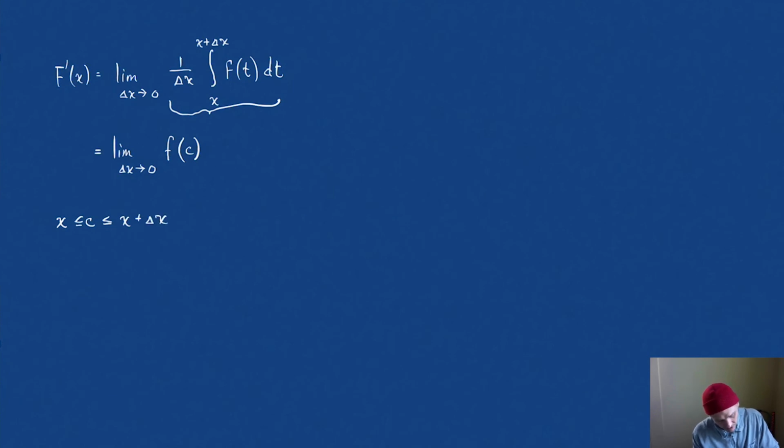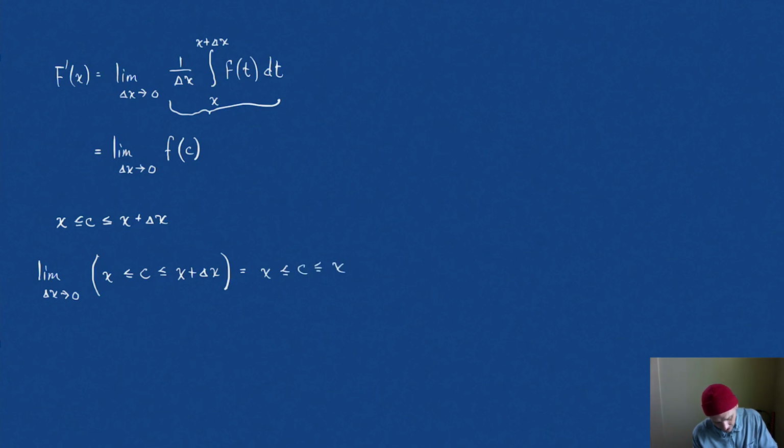Well, if we take the limit as delta x approaches 0 of this entire statement, x less than or equal to c less than or equal to x plus delta x, well, what happens? This just says that c is bounded between x on the left and x on the right. So what is c? c has to be x.